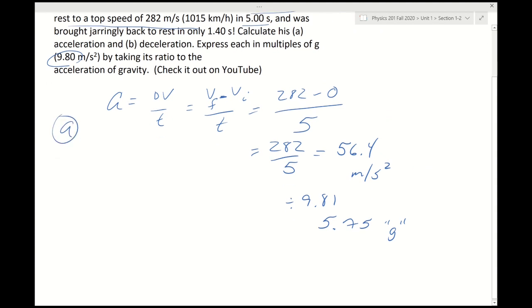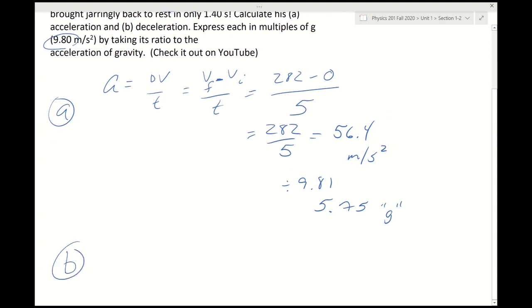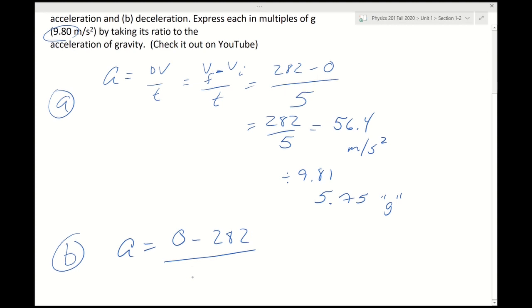That's his acceleration, and then his deceleration, when he slows down, it's the same thing, except we switch the 0 and the 282. The time to slow down, on the other hand, dramatically decreases to 1.4 seconds. So that's 201.43 meters per second squared.